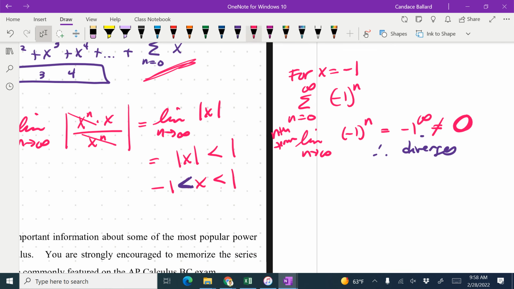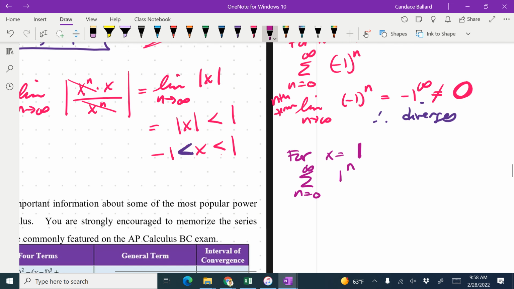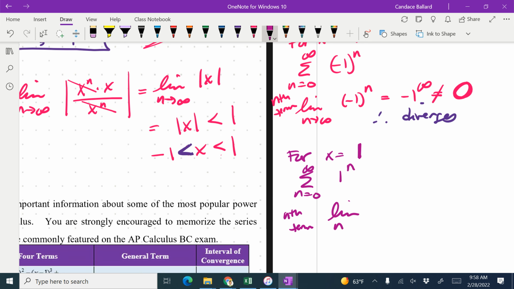All right, let's try our other endpoint. So x equals 1, the sum n equals 0 to infinity of 1 to the n. I could probably use the nth term test again, couldn't I? We've got the limit as n approaches infinity of 1 to the n.